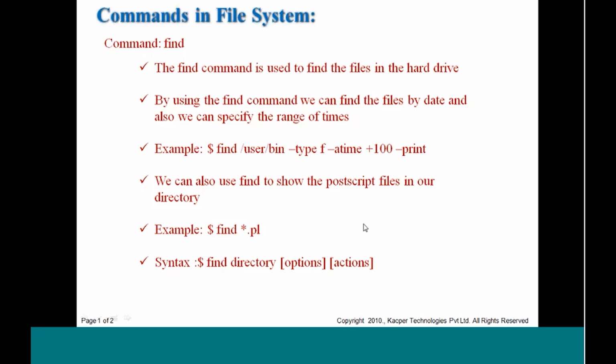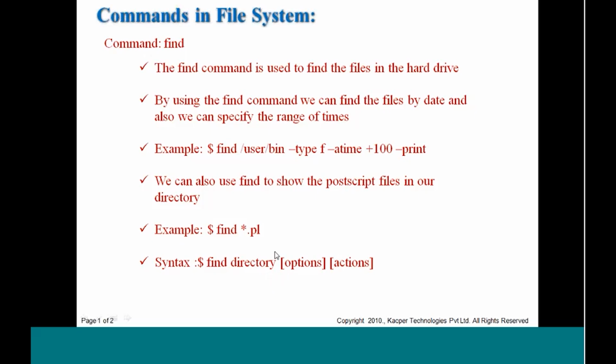We can also use find to show the PostScript files in our directory. One example is find *.perl. Here you can see all the files that end in .perl. Again, the syntax follows the general syntax of any Linux command.